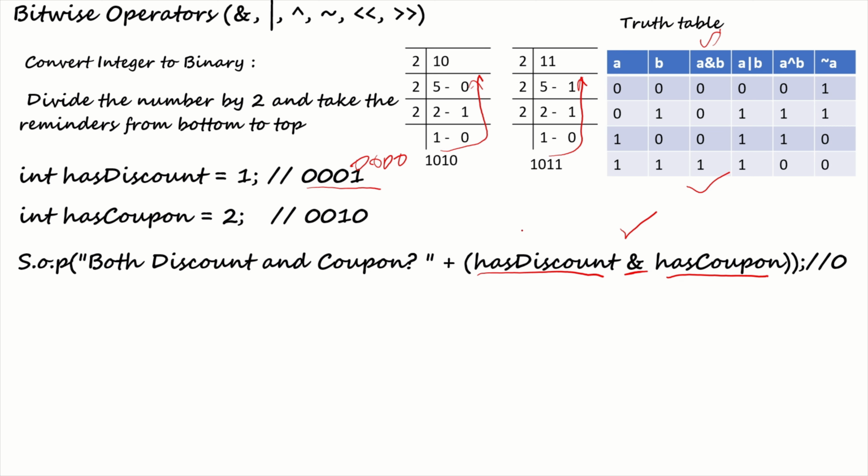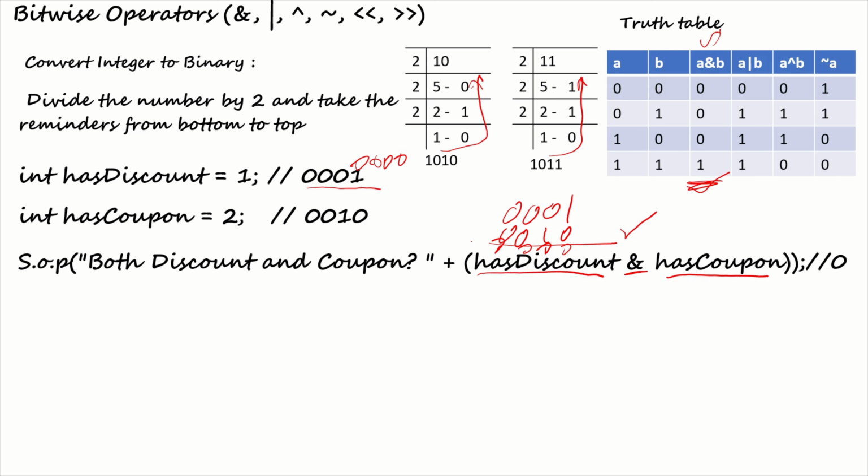So you need to take 0001 and 0010, then apply the truth table. If both are 1, then only it's 1, otherwise it's 0. So in this case, you'll get 0, 0, 0, 0.